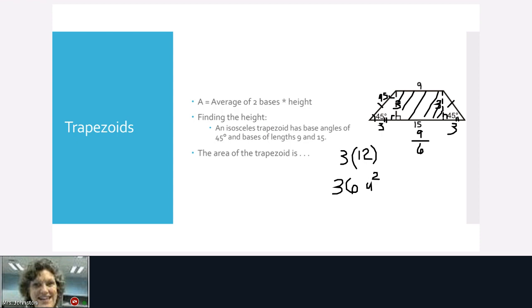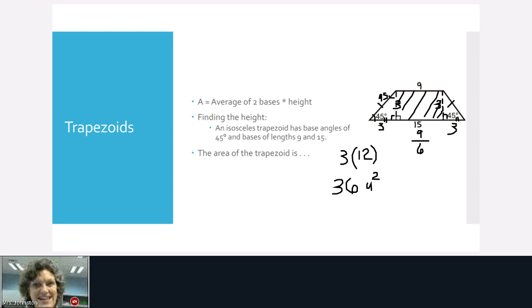Okay? So again, the formula is the average of the bases, which you find by adding the top base and the bottom base and dividing by 2. In this case, it turned out to be 12, and using the information that we were given, that this was an isosceles trapezoid, gave us a lot of hints because we knew that the sides were equal to each other.